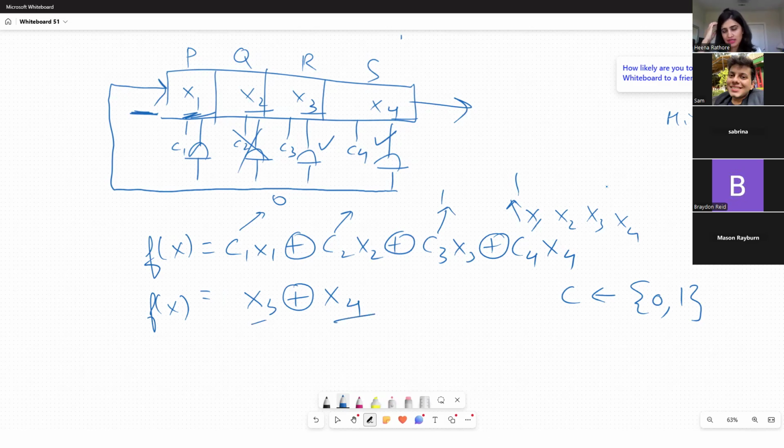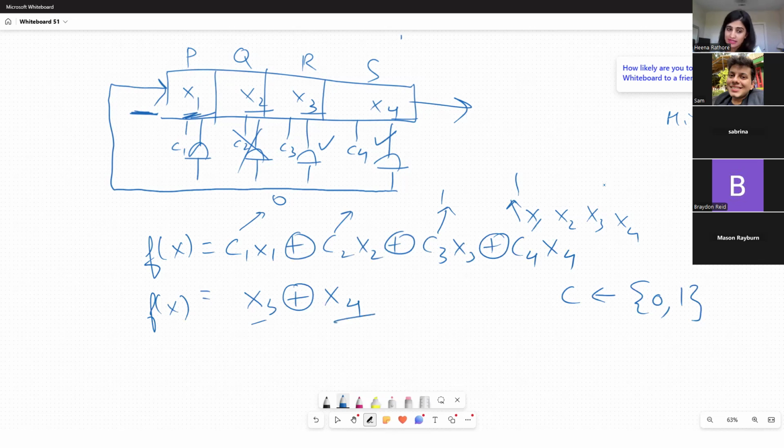That is the reason this LFSR technique came into the picture, which is able to generate a stream of values dependent on the previous state, and it is linear in nature. That is the reason it is termed a linear feedback shift register.